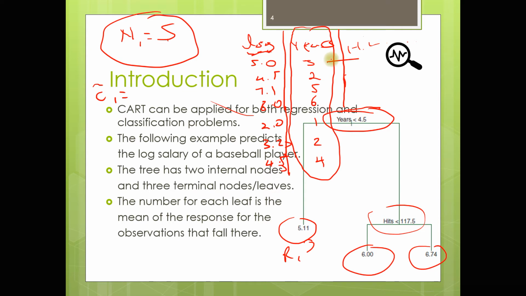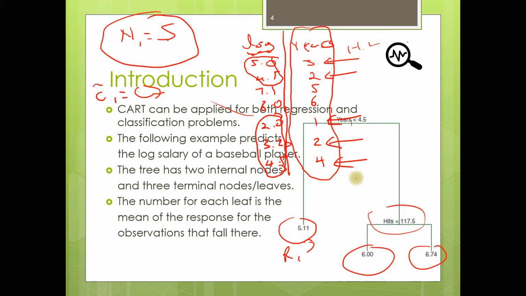Remember that the region concerned relates to these 5 observations. So I will have to do an average of these different values. This is what is going to give me my c cap 1. This is my c cap 1 that I was referring to, okay?